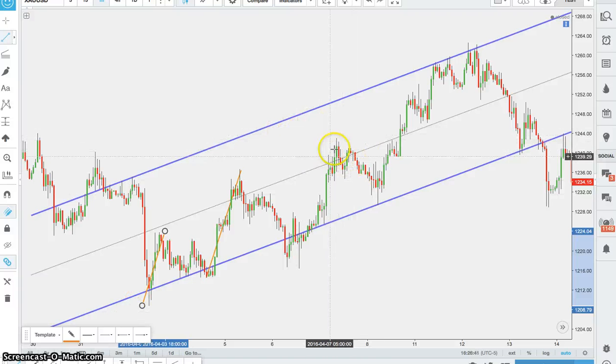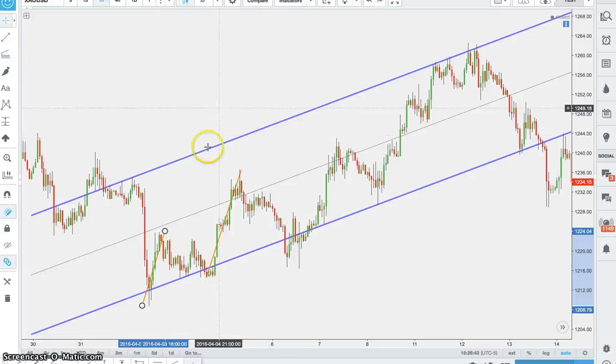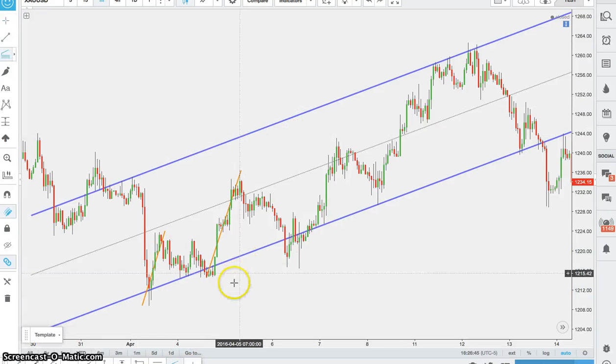We have the midline again right there, and measuring this leg, it didn't get too far above these highs, so it might not be at an extension here. Usually it'll pass the highs or pass the lows more than just a little bit.